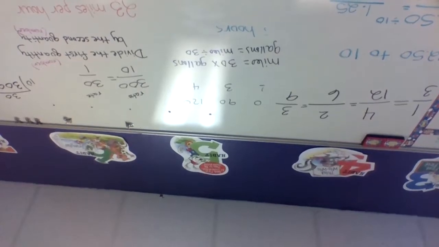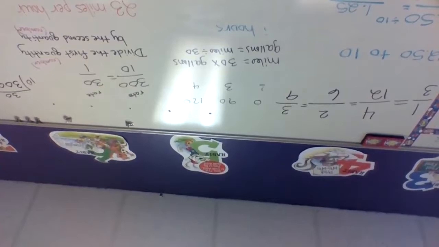You got to find your half. That means the top number is half the number. So it has to be split up into two groups. Find a number that's half of the top number.